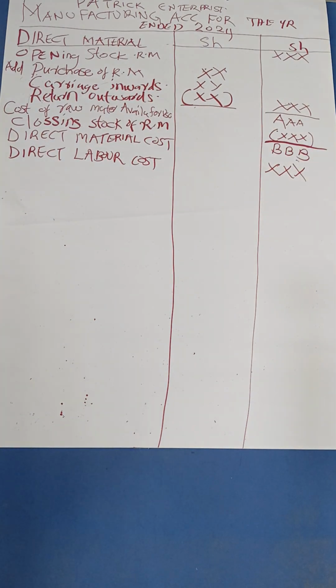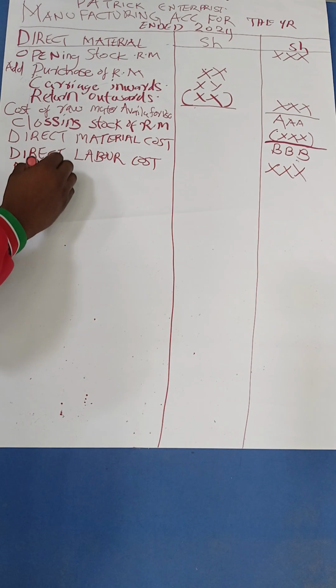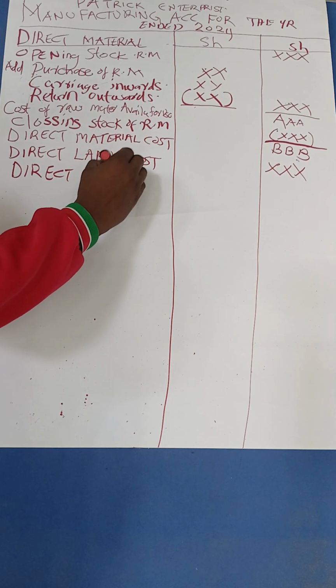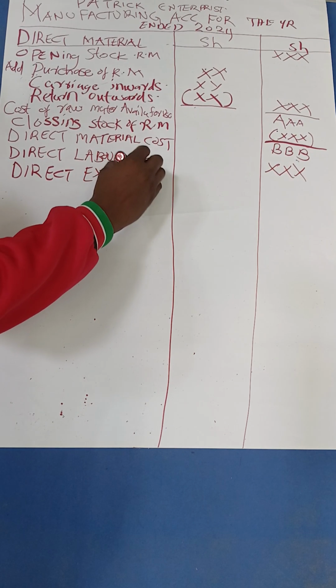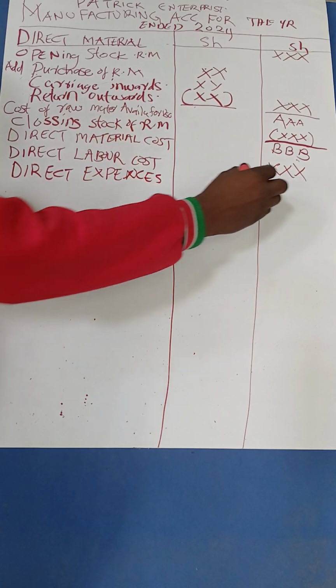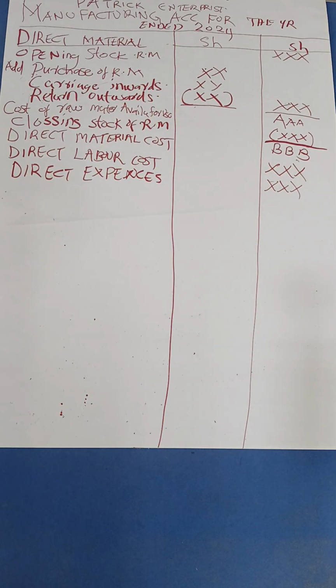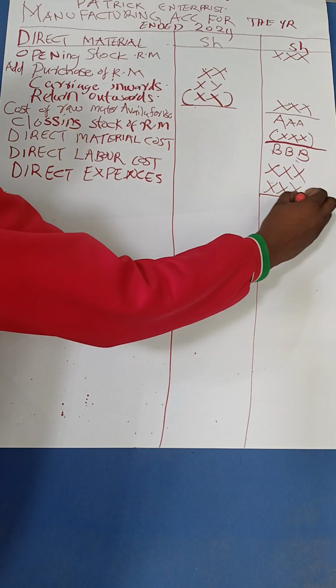Then at the end of the day, we'll also have the expenses that you cannot run away from. So direct expenses also we'll add here. So at the end of the day, if you had those, we'll come up with something called what?